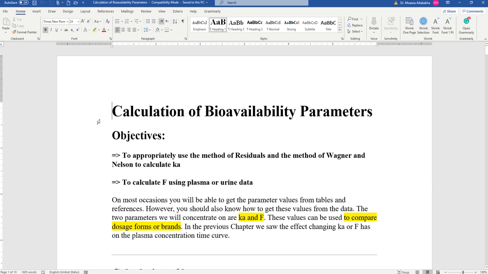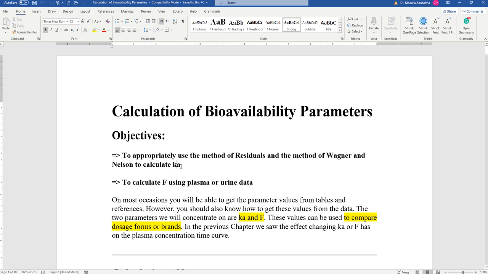Today we are going to talk about calculation of bioavailability parameters. In this topic, we will be talking about the method of residuals and the Wagner-Nelson method that will allow us to calculate Ka.